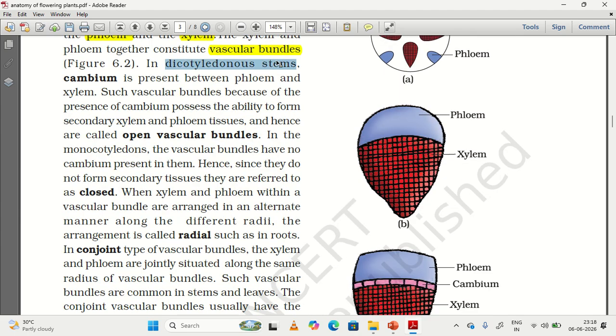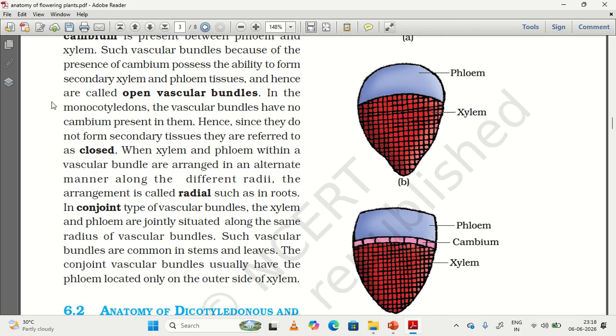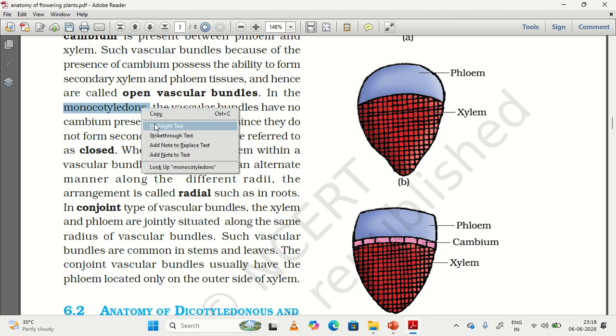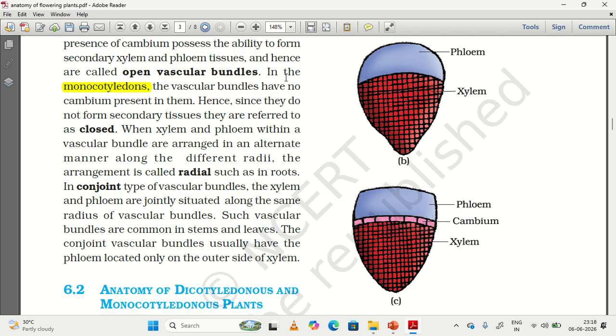So in the dicot stem, you can see this type of vascular bundles. In monocots, vascular bundles have no cambium present in between. If you look at this diagram, between the xylem and the phloem there is no cambium.